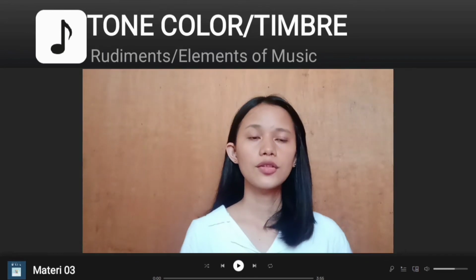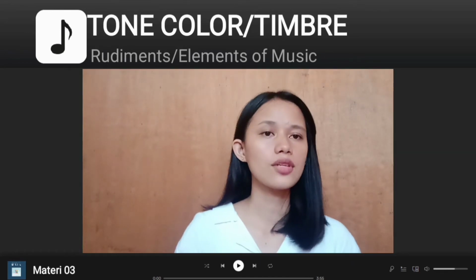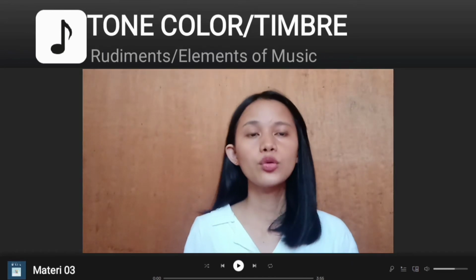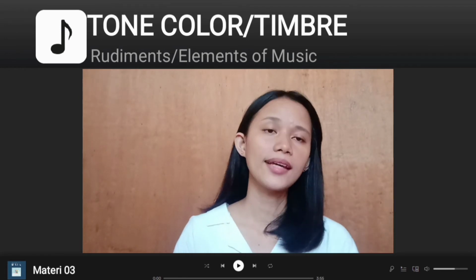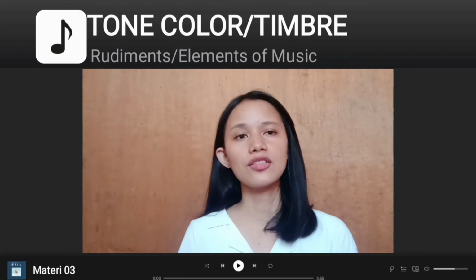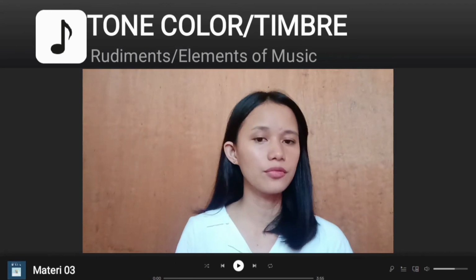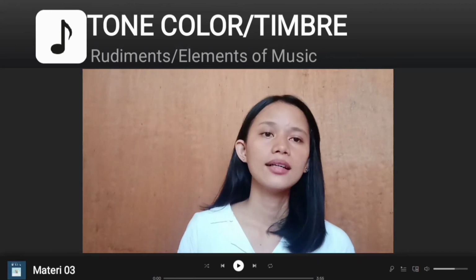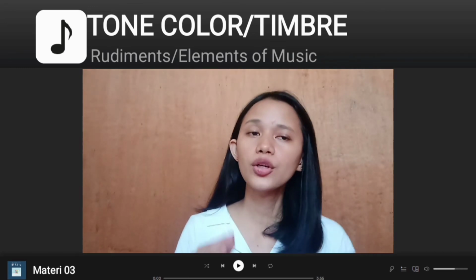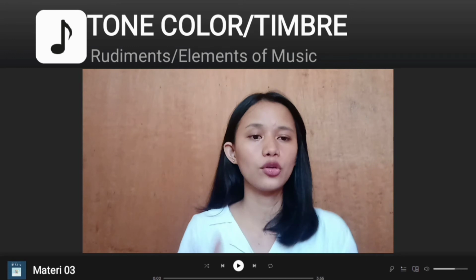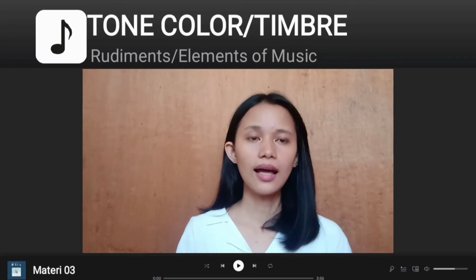Ganun. So that's timbre. It allows us to identify the two playing musical instrument or voice playing the same note, the same pitch, or di kaya naman ay the same volume. Dahil nga, the sounds are different, madidistinguish natin kung ano yung mga musical instrument na nandoon sa isang kanta.